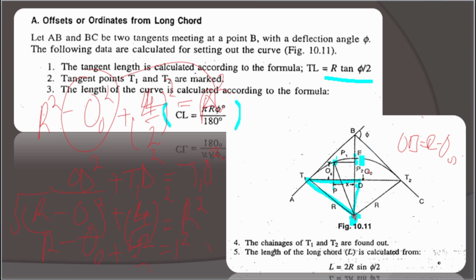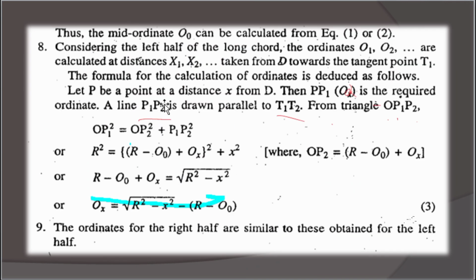We had calculated that earlier, so we can do that again. The distance P1 to P2 is x. Then we need to find the value of O to P2, which we can see here. So there we have O P1 squared is equal to O P2 squared plus P1 P2 squared. That is the distance that we are calculating.